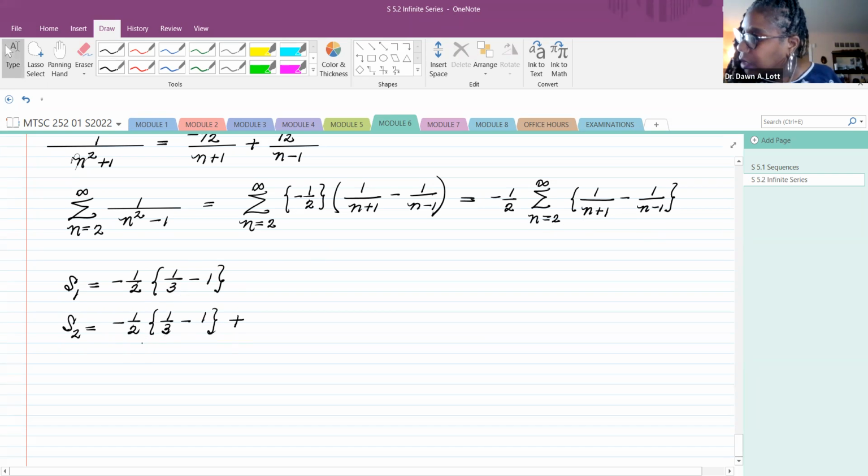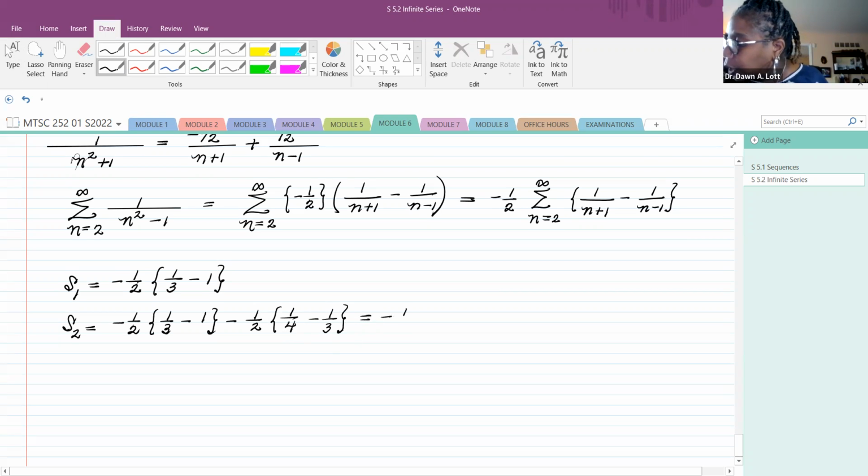And then I have to add the second term, which again is another negative 1/2, and when n is 3, so I'm going to get 1/4 minus 1/3.